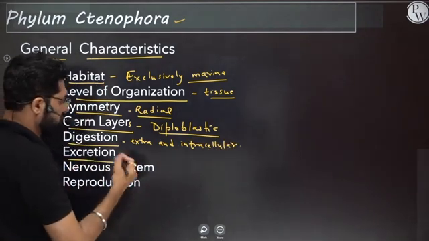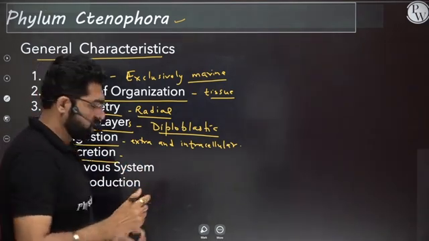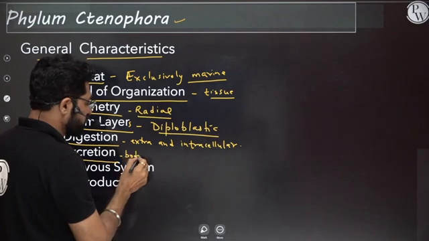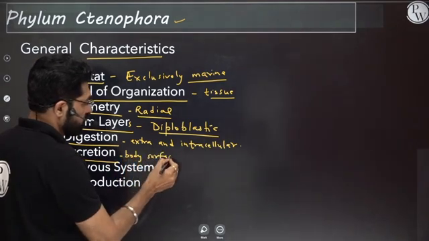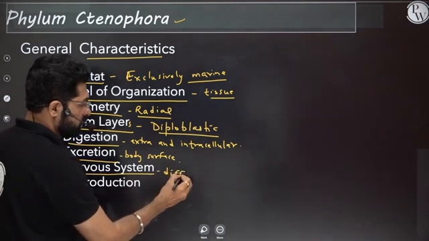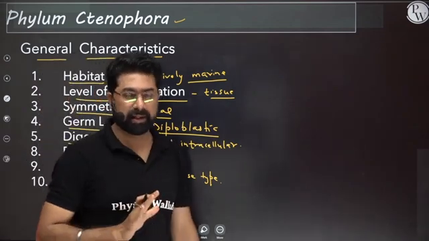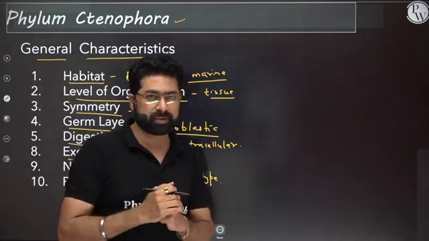Excretion: there is no specific excretory organ in them. By body surface, ammonia is released. Nervous system is diffuse type, as in the Cnidarians, because they are very similar to Cnidarians.